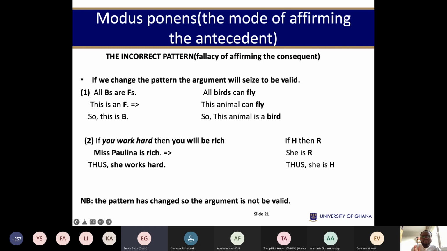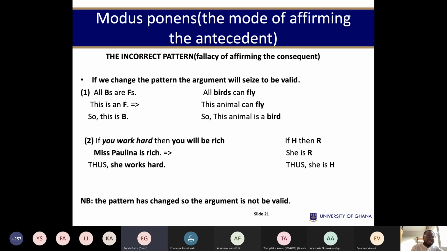So when you break any of the rules of syllogisms, it means that you have committed a formal fallacy. So depending on the type of rule that you've broken, it could be the fallacy of affirming the consequent. The correct formula is to affirm what? The antecedent. But in affirming the antecedent, you make a mistake and you affirm the consequent. Once you affirm the consequent, it means that it is false.